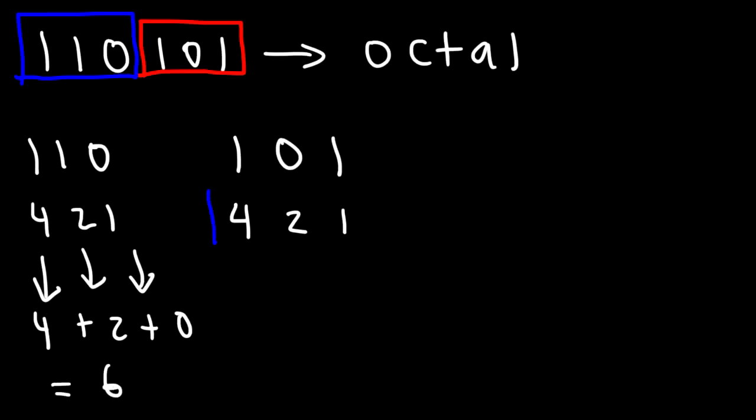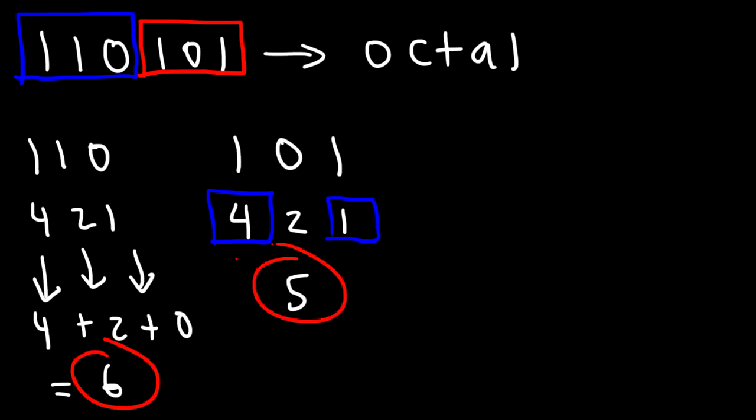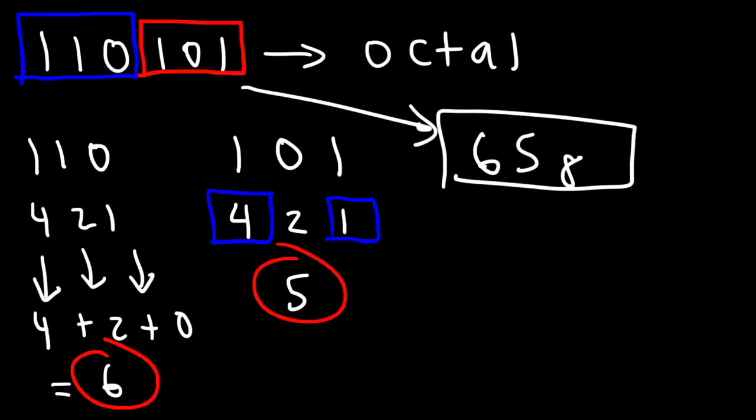Here we only need to add the 4 and the 1 because 1 times 4 is 4, and 1 times 1 is 1. And so this will add up to 5. So our answer is going to be 65. So that's how we can convert a binary number to an octal number.